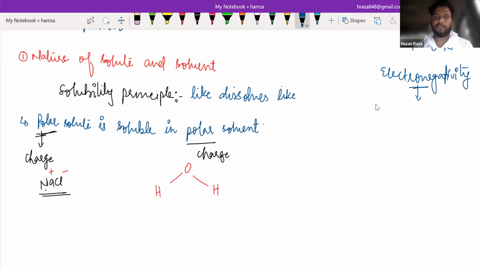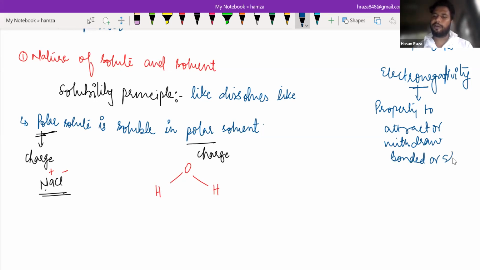Electronegativity is the property to attract or withdraw the bonded or shared pair of electrons.